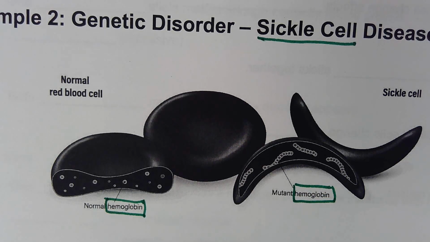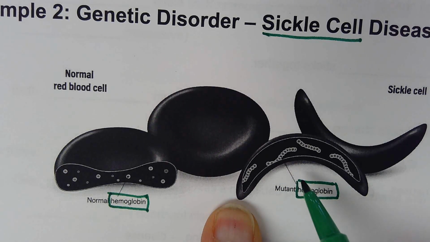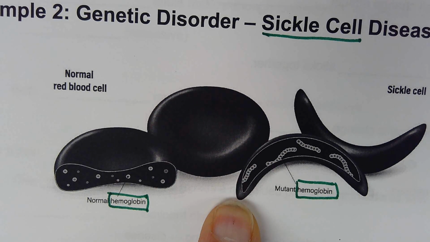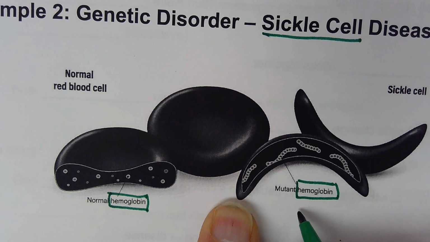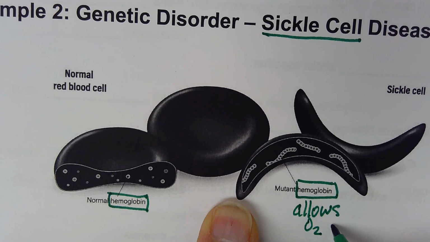That's why your blood cells are red, is because iron turns red when it rusts. Because the iron is attached to the hemoglobin, it connects to oxygen and it can move it around. So basically, it allows oxygen in your body.